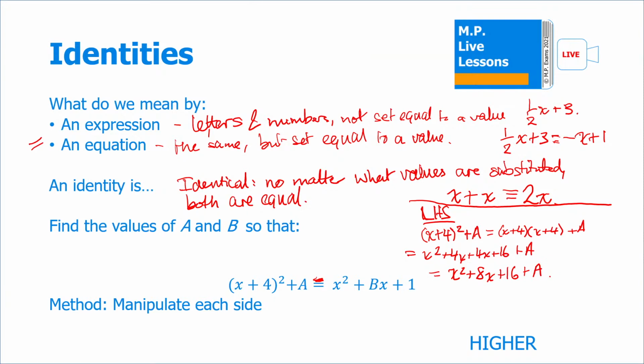So we've messed around with the left-hand side. So we get x squared plus 8x plus 16 plus a. Now we can almost see which bits match together. For example, this b here would match what's going before x, or the coefficient of x. That would be 8. So b, we know, is 8.